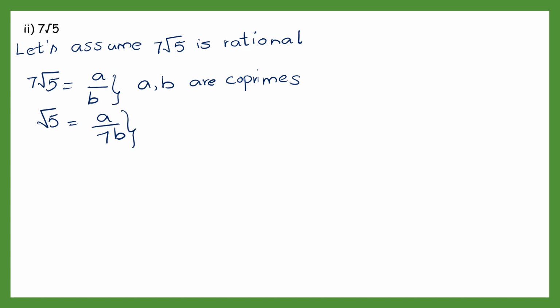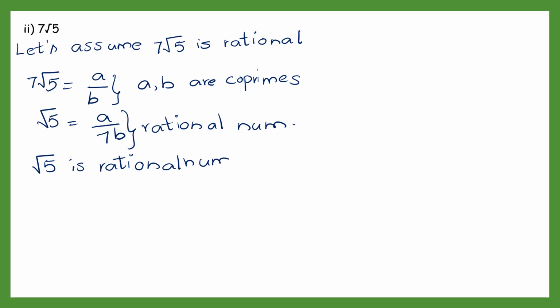So, a by b is rational. That means a by 7b is also a rational number. If a by 7b is a rational number, you can tell that root 5 is a rational number. We got this conclusion: root 5 is a rational number.